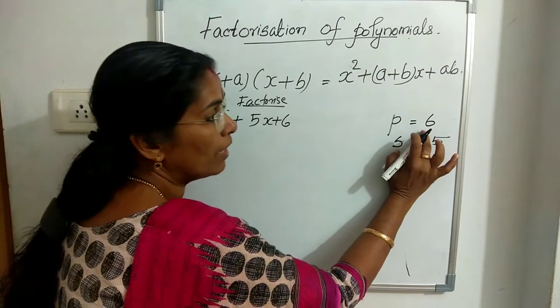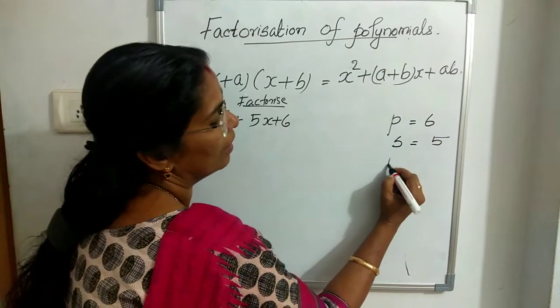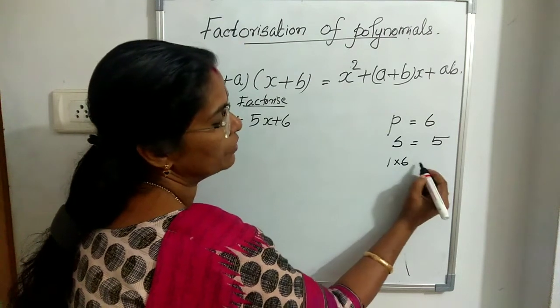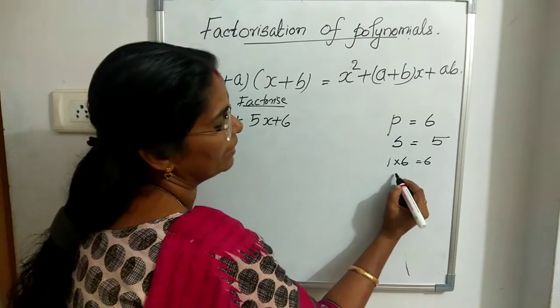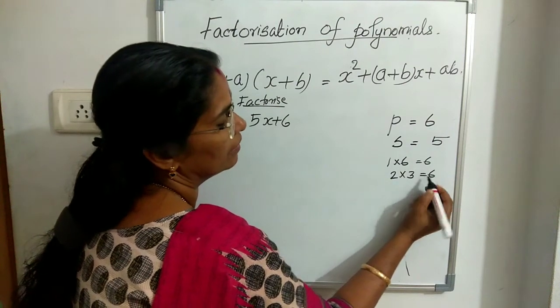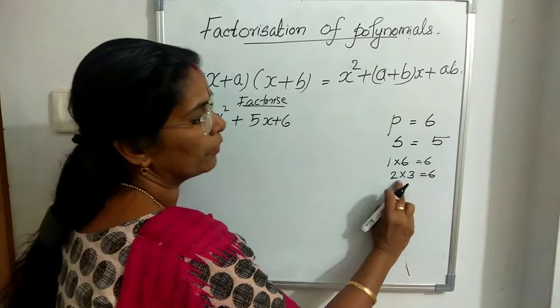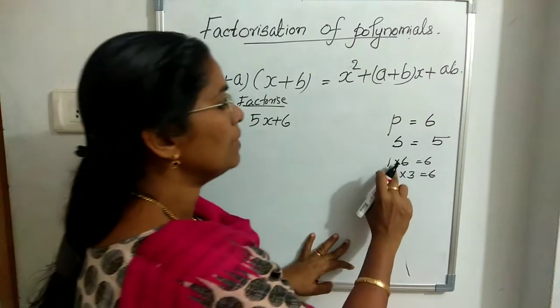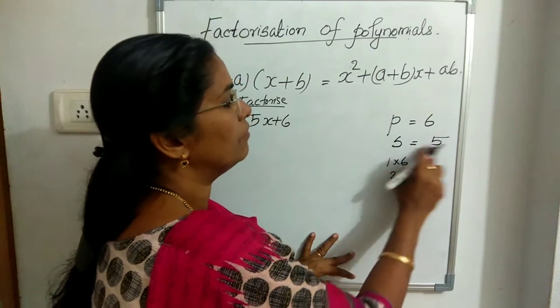The pairs are 1 into 6, and 2 into 3, whose product is 6. Now we add the numbers, and the sum should be 5.